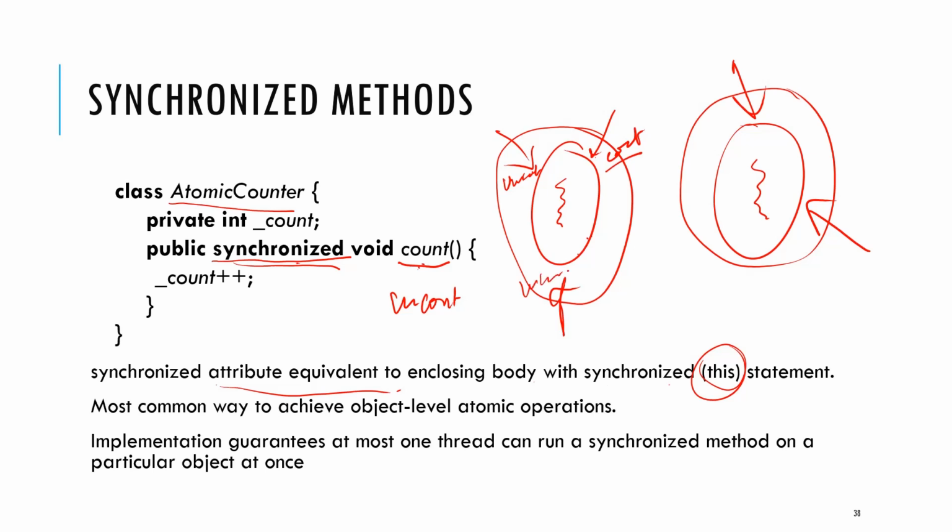And in case uncount also changes the same variable count, well, in this case, this synchronized call is not sufficient because it prevents the others from calling count, but it does not prevent them from calling uncount.